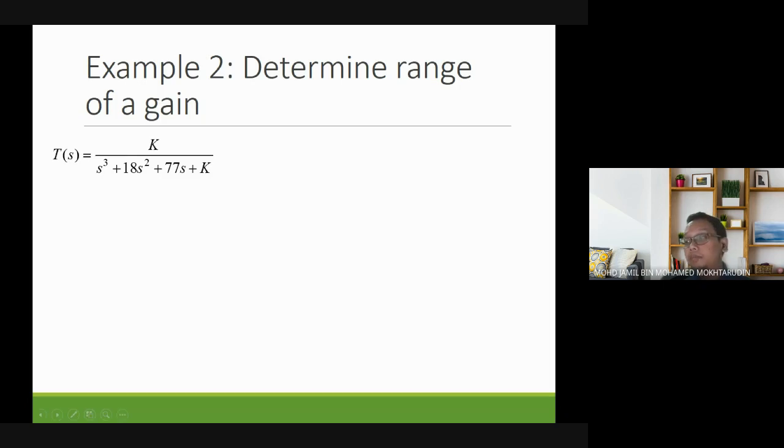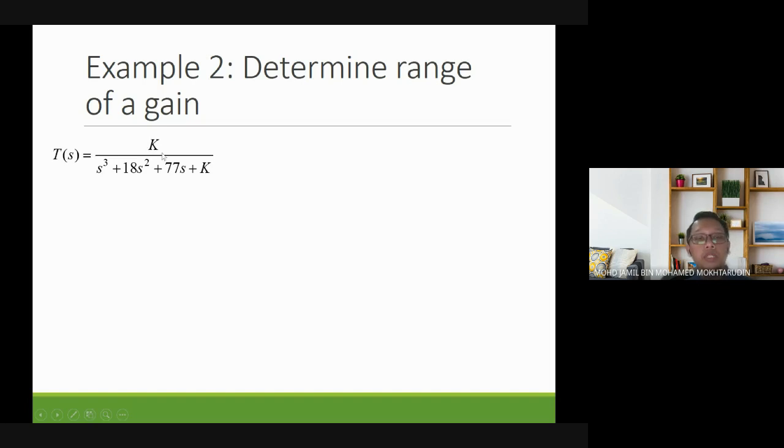This is important in later lectures because we will see how changing the value of K affects the system stability. So the purpose of the Routh-Hurwitz criteria is to determine the range of K for a system to be stable or not stable.